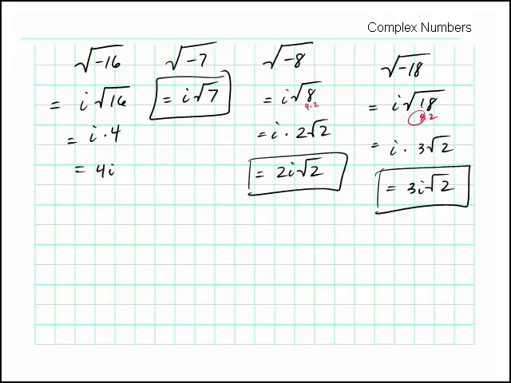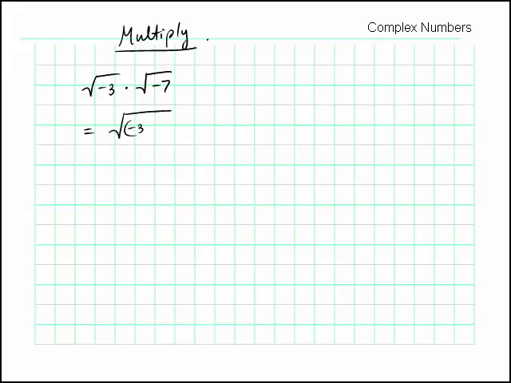Let's look at some examples now of multiplying with imaginary numbers. Multiply the square root of negative 3 times the square root of negative 7. Now what I cannot do is this. I cannot multiply them directly as negative 3 times negative 7 and get positive 21.